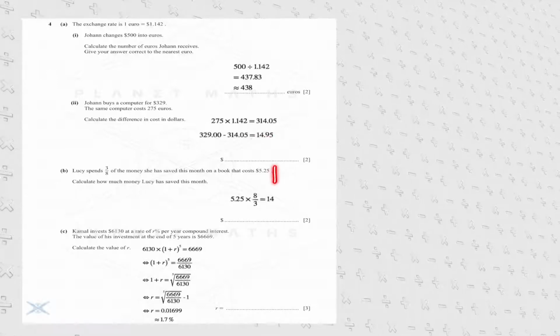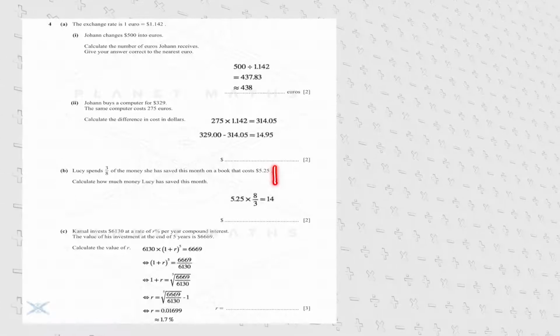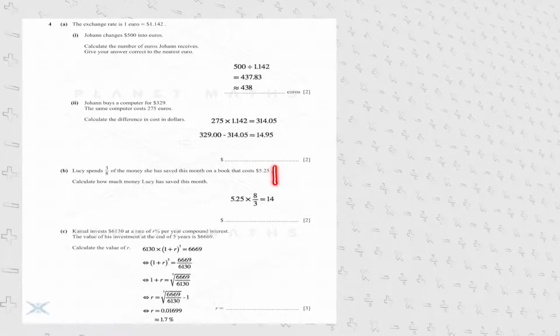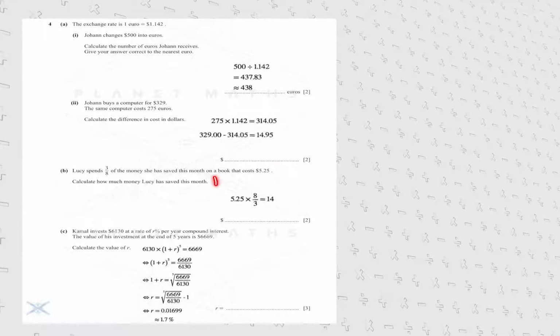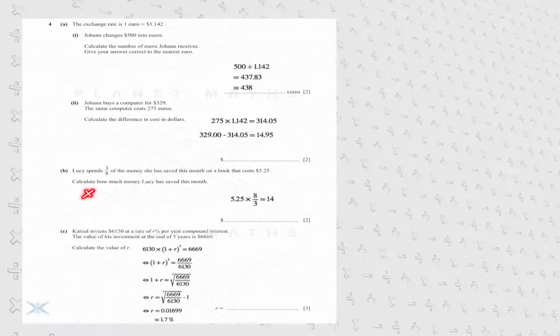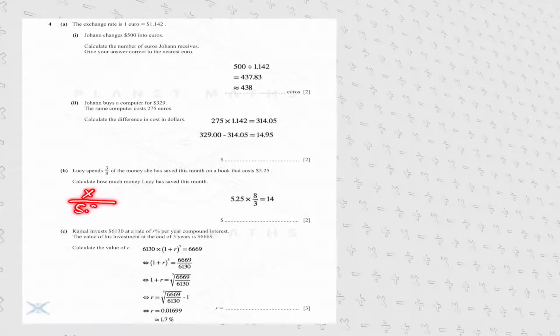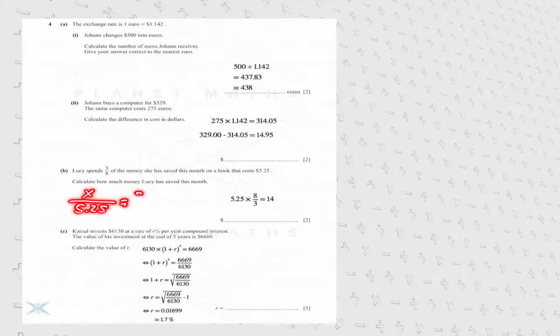In part B of exercise 4, it's stated that Lucy spends 3/8 of the money she has saved this month on a book that costs $5.25. We are supposed to calculate how much money she has saved this month. Let's say X represents the sum that Lucy has saved. We know that of this she has spent $5.25 and that the ratio equates to 3/8.